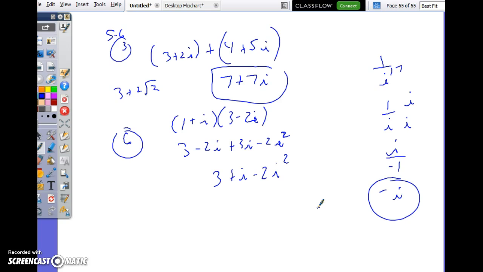What is i squared? Negative 1. So it becomes 3 plus i minus negative 2, right? So we're just going to flow it. We flow like normal, and then we got an i squared at the end. We're almost always getting an i squared at the end. We make that negative 1, and then bam, I get 5 plus i, and I'm done.